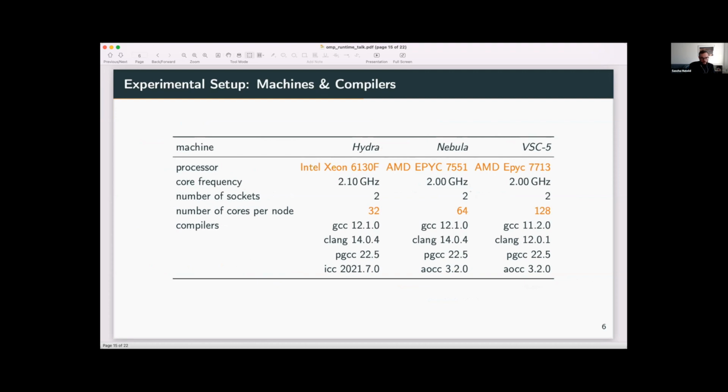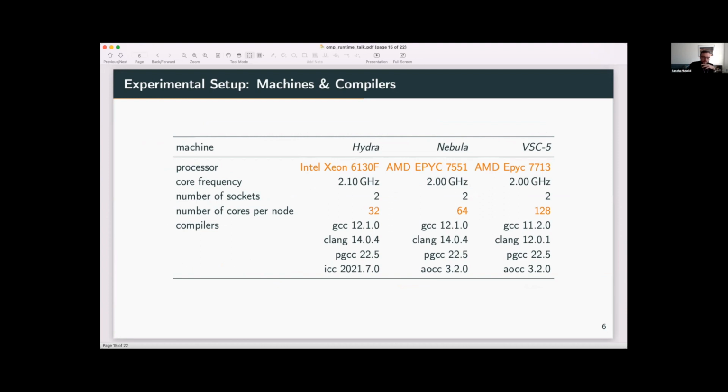So we try all these things on different machines, and the interesting thing is that we have different architectures: Intel architecture, AMDs, and also AMDs of different generations. All of them are dual socket machines, which makes things interesting, whether these tasks scale across several sockets.